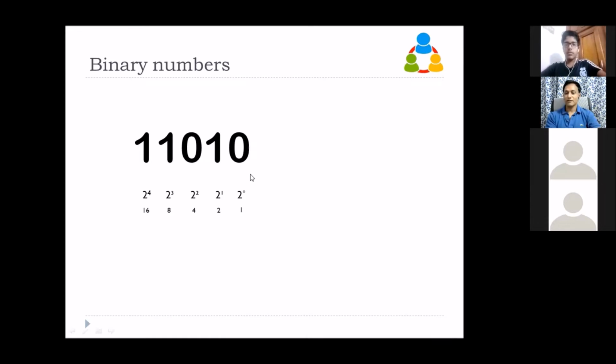Now you calculate the value of this figure in decimal. This is binary. 31. How did you get that, Adnan? If you add all of them, it's 31, right? Are you sure? Can you add all this?